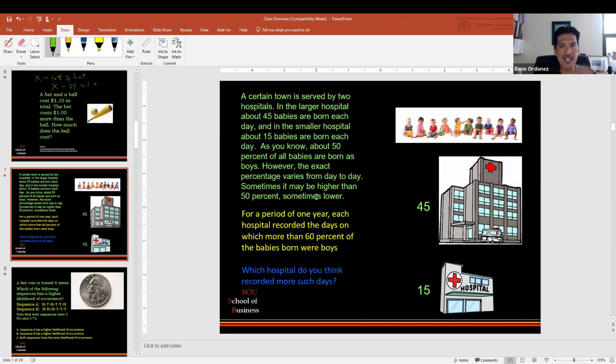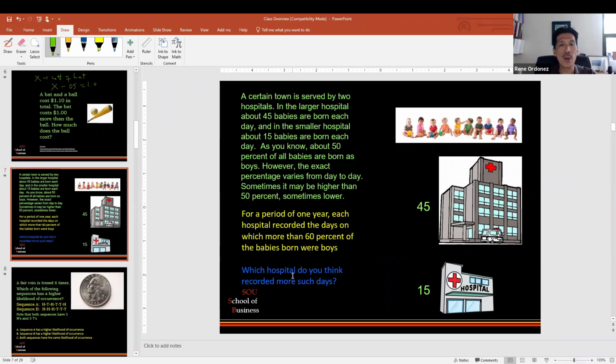All right, so here's the question. For a period of 1 year, each hospital recorded the days on which more than 60% of the babies were born as boys, or maybe as girls. Pretty high, right?